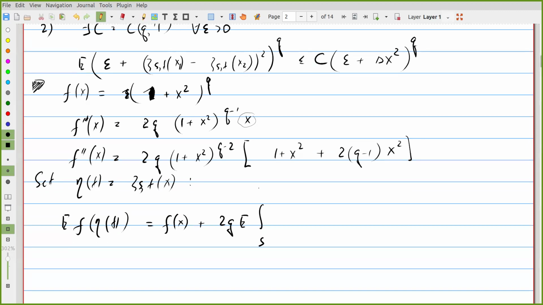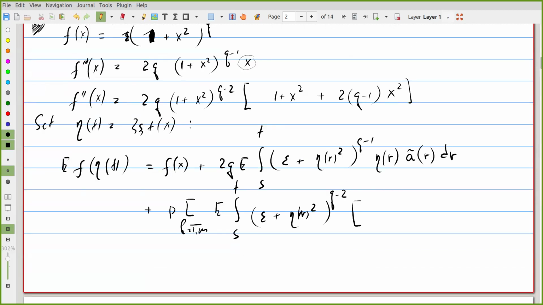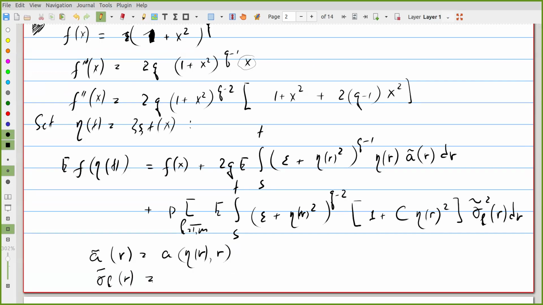2q times the mathematical expectation from s to t of the first derivative, the (1 plus eta squared) to the power q minus 1, eta r, dr, plus the correction with respect to the stochastic part, the second derivative, (1 plus eta r squared) to the power q minus 2 times this bracket, which gives us 1 plus some constant, times eta r squared, sigma squared k r dr, where a tilde of r is just a, and sigma k of r is just sigma of eta r, k.